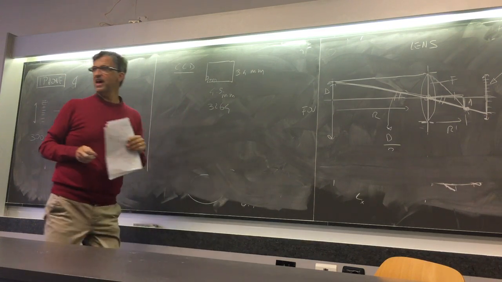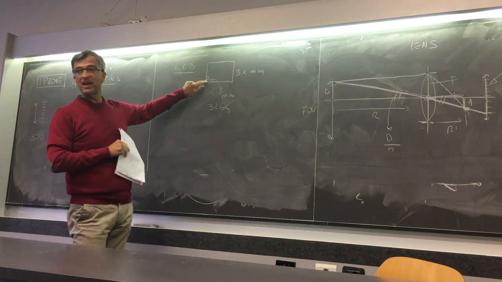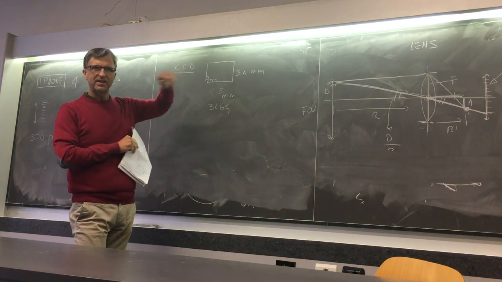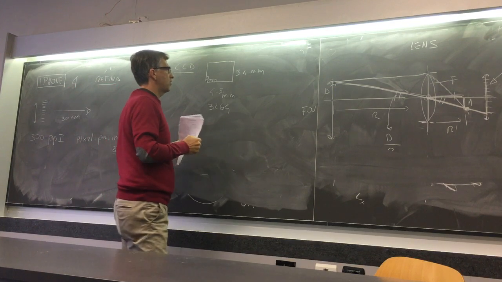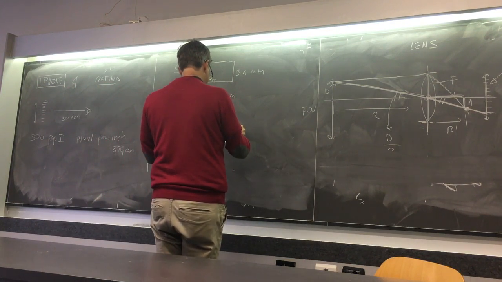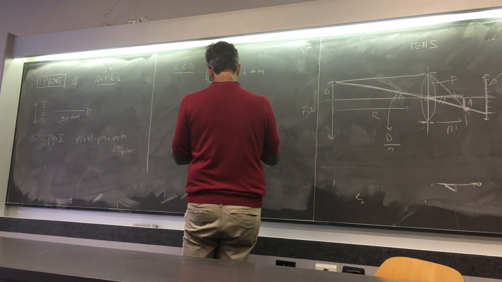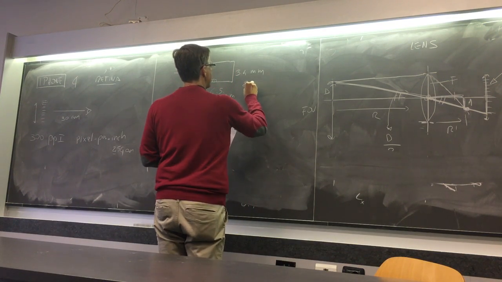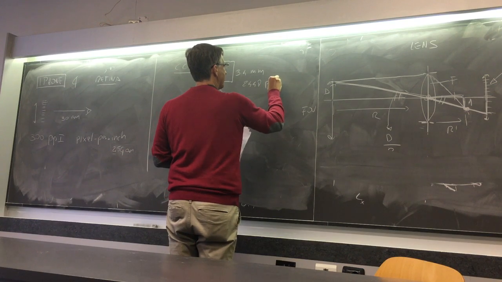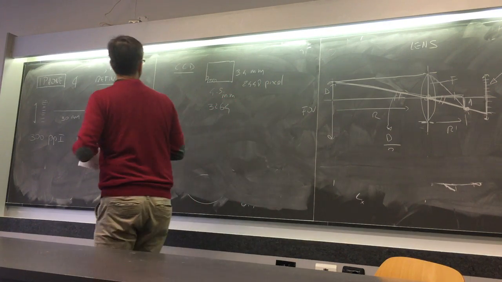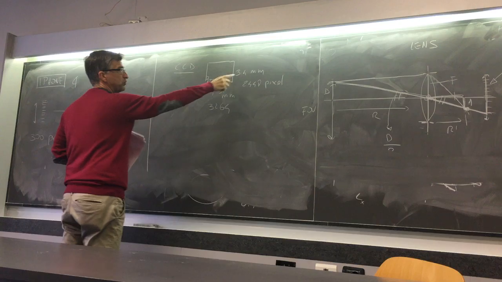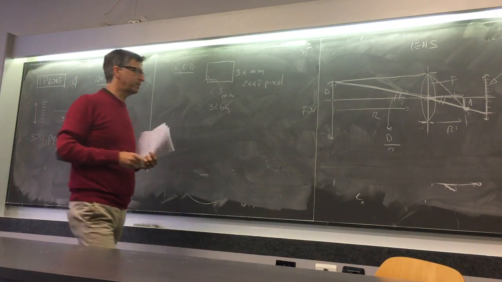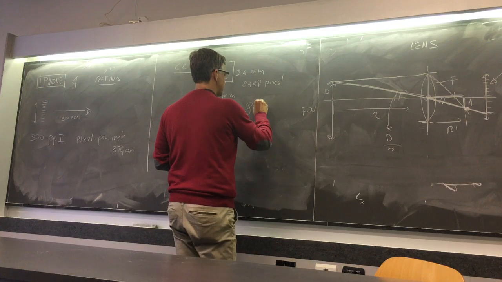A CCD is an array of elements. Each element is sensible to the three colors of the light. Actually, there are three sets of the three colors. And on the other side is 2448 pixels. Okay, this was iPhone 4, so if you multiply these two numbers, you get around 8 million pixels. So this is 8 megapixels.